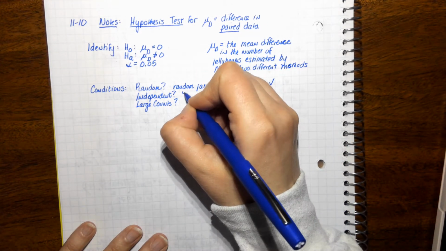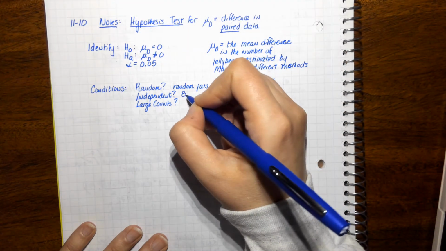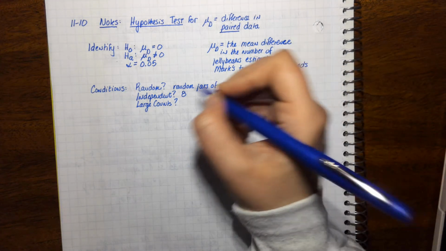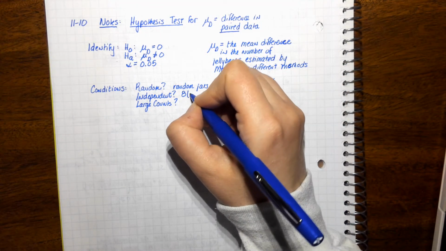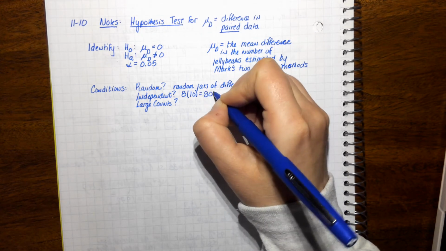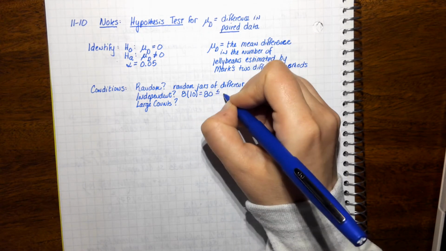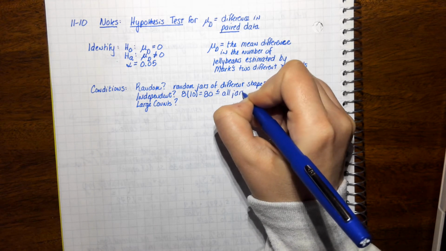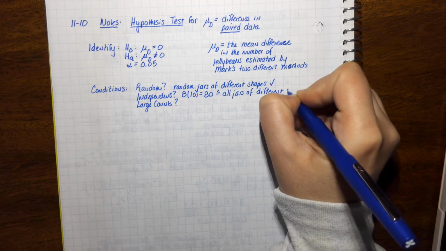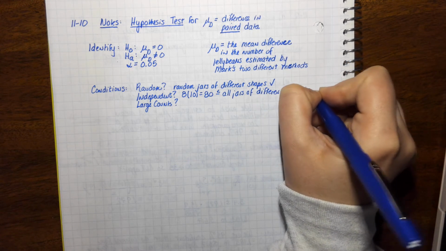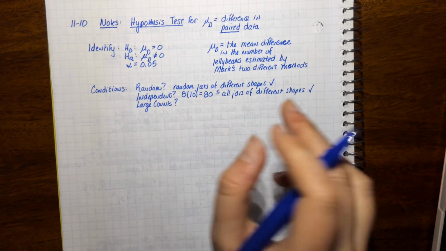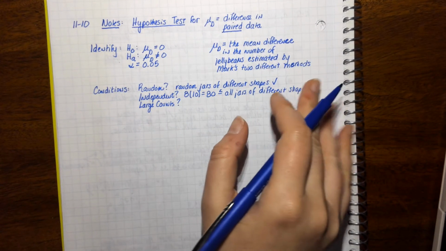So we don't have random assignment of which jar he decided to use which method with, so we're just going to use our usual independence. And we could argue in class whether or not there's 80 different types of shapes of jars, but for now, let's just go with it.